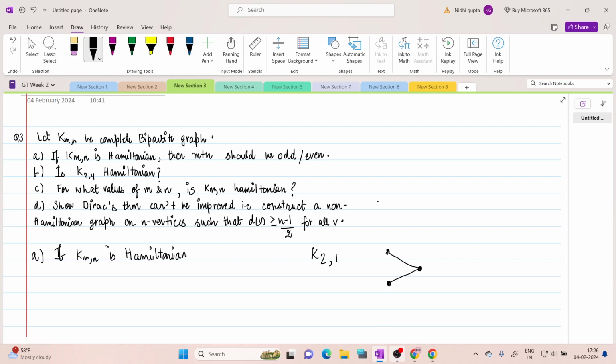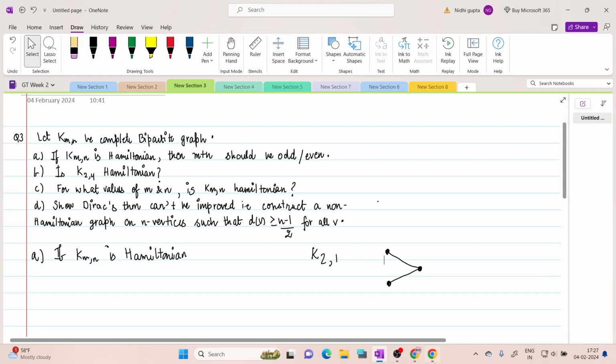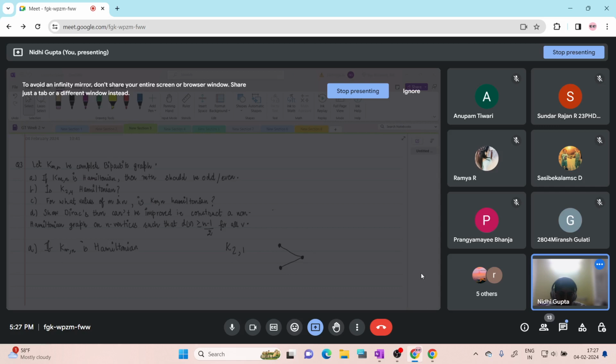It is not a cycle, but for it to be Hamiltonian, we need a cycle which is covering all vertices of the graph. But this does not have a cycle, so this cannot be Hamiltonian. Do you understand why it is not Hamiltonian?